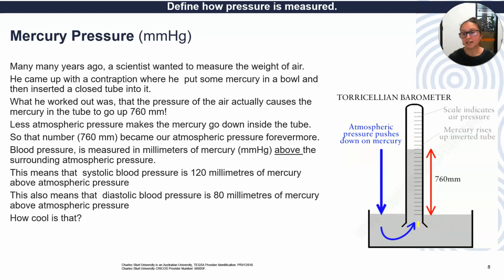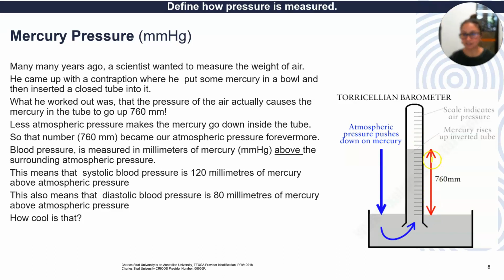Now, I don't know how he came up with it. All I know is that he worked out that if you have this mercury in a bowl kind of device, the weight of the air in the atmosphere pushes down on the mercury that's in the bowl and causes the mercury to go up the tube 760 millimeters.